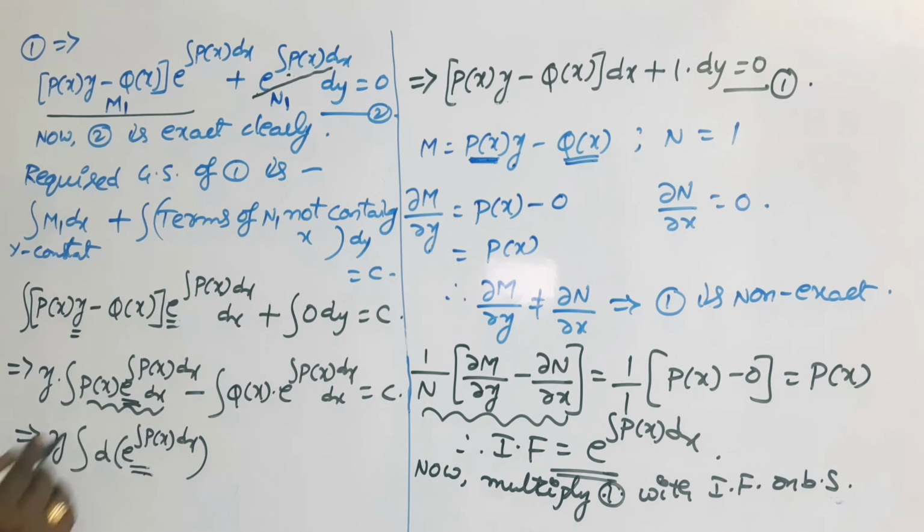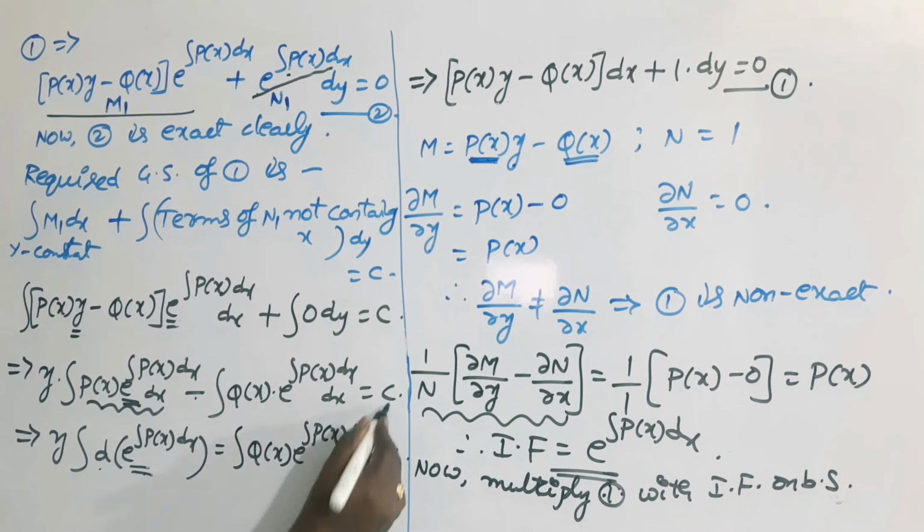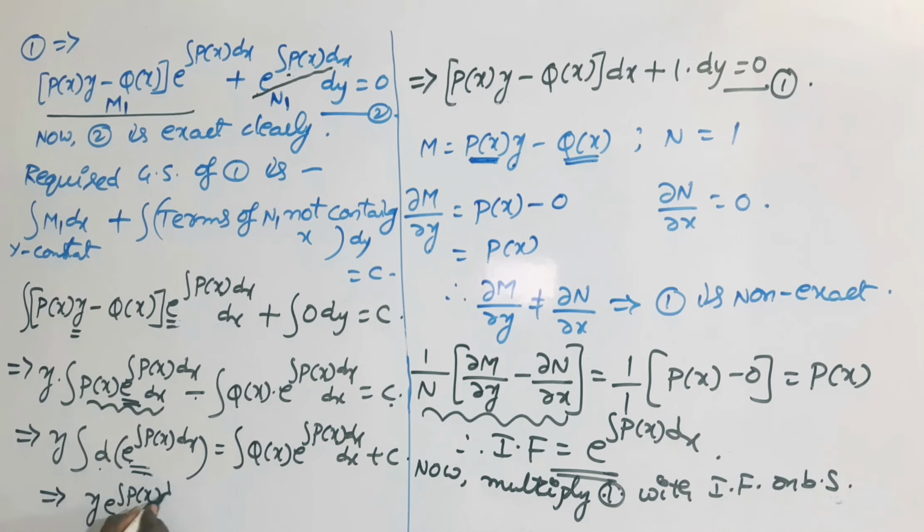That's why I will write this entire term in this way and transfer the other term to the right hand side. You will get positive q of x into e power integral p of x dx plus c. So the derivative and integration get cancelled, and you will get y into e power integral p of x dx is equal to integral q of x into e power integral p of x dx plus c.